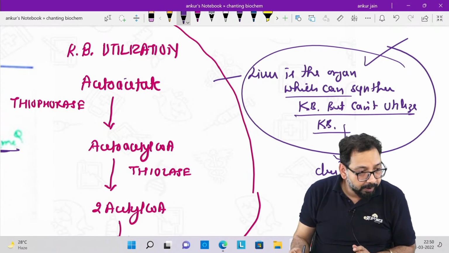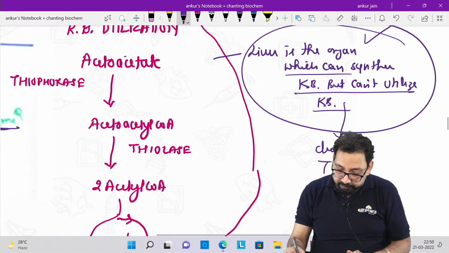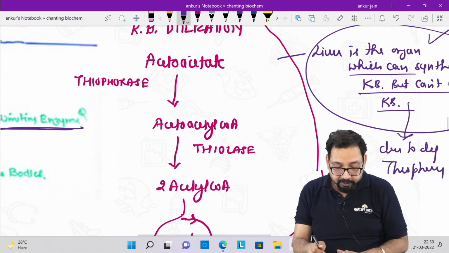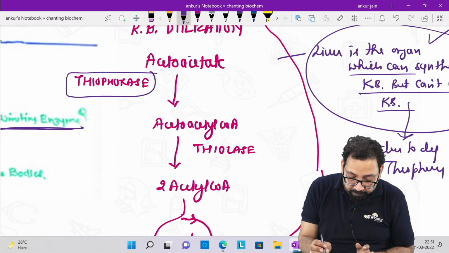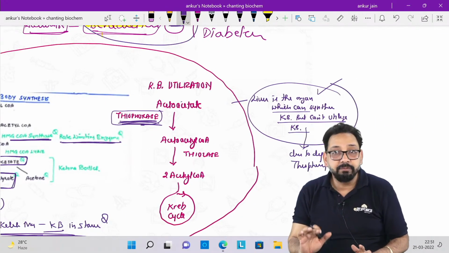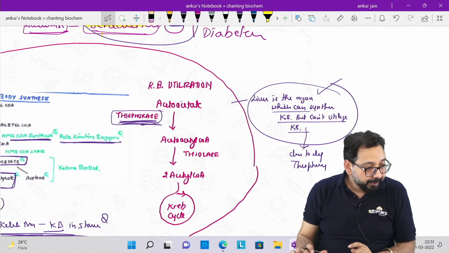Yes, Kostub already has given the answer. Due to deficiency of thiophorase. Yes, for ketone body utilization the enzyme thiophorase is required. Liver is deficient of thiophorase. Okay.